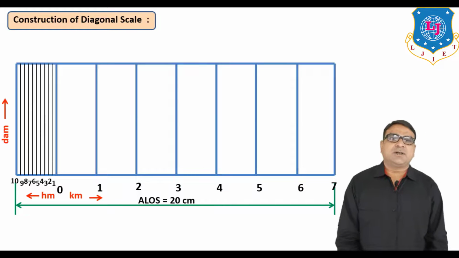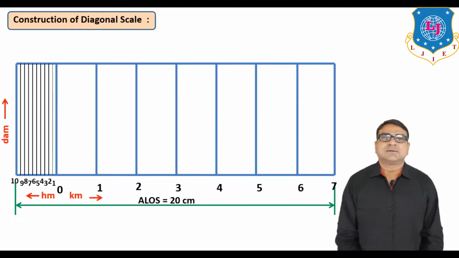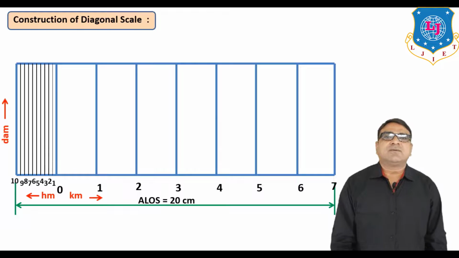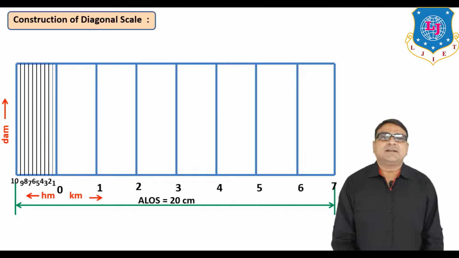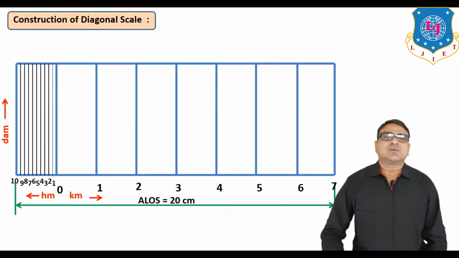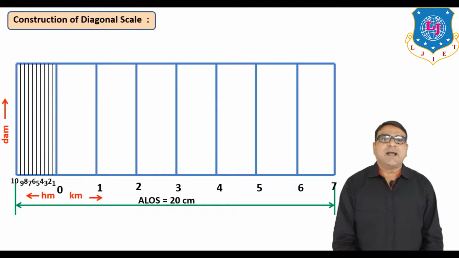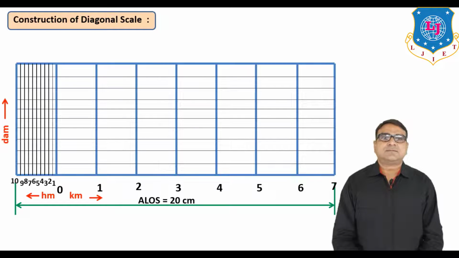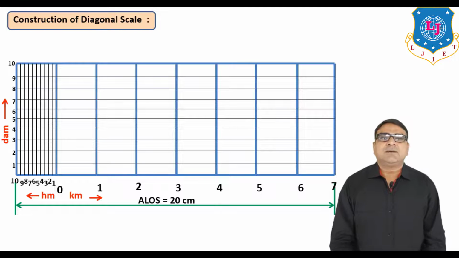But for the third unit, decameter, we have to draw one vertical line of any length and divide this vertical line into 10 equal parts, because 1 hectometer is equal to 10 decameter. Insert from the bottom 0 to 1, 2, 3, 4, 5 up to 10. These are the units representing decameter.